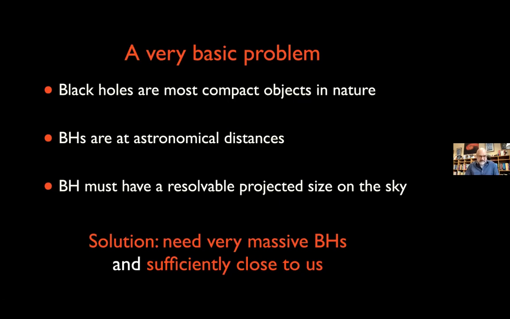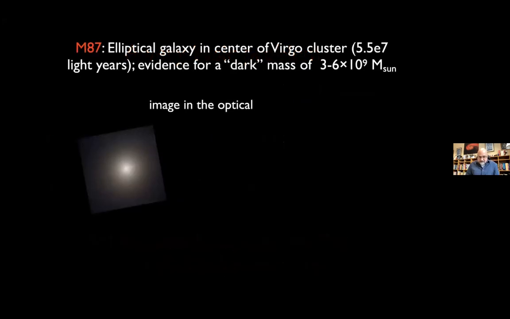And all of them have an uncertainty in the actual mass. So I say that they have to be very massive, but of course we don't know what their mass is. So even when we looked at M87, we didn't really know if we would be able to resolve it. So this is M87.